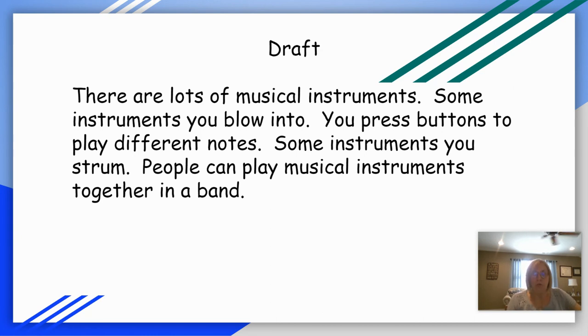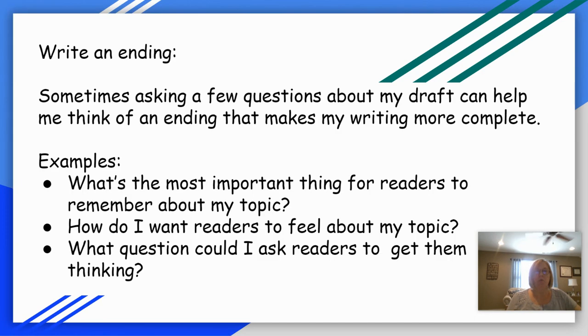And I want to also make my ending interesting. So when I do that, sometimes I'm going to ask a few questions to myself about my draft, and then it can help me think of an ending that makes my writing more complete. All right, because right there it just kind of ends, doesn't tie it all together and make it interesting to finish.